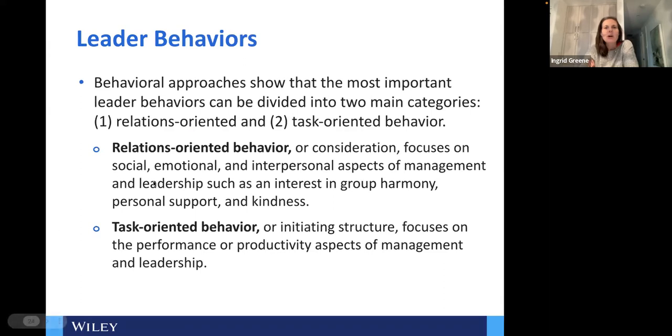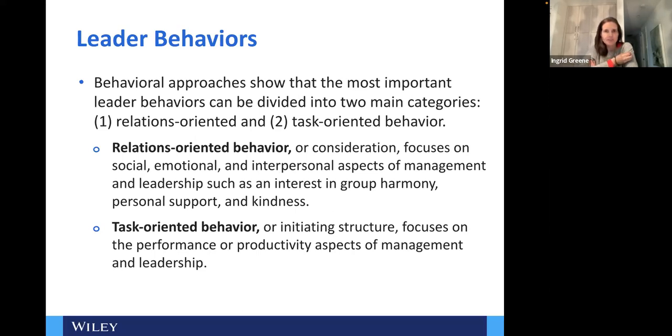First, we need to break it into relations-oriented behavior and task-oriented behavior. Relations-oriented behavior is the social, emotional, and interpersonal aspects of management, which, as we've hopefully all agreed, is a big piece of management.